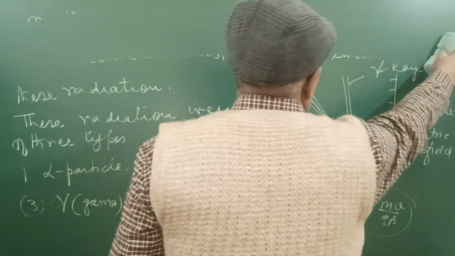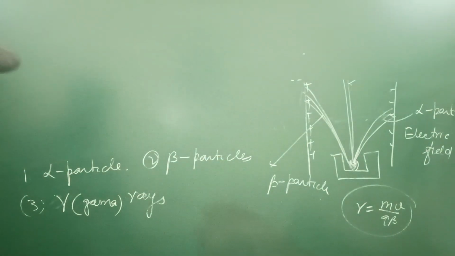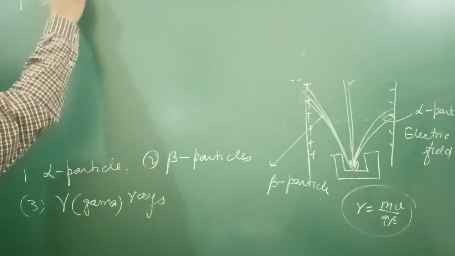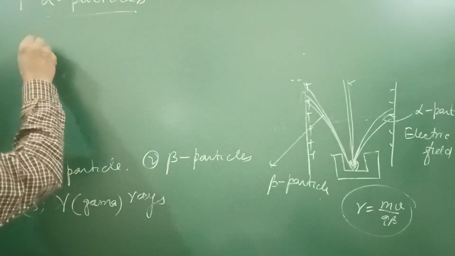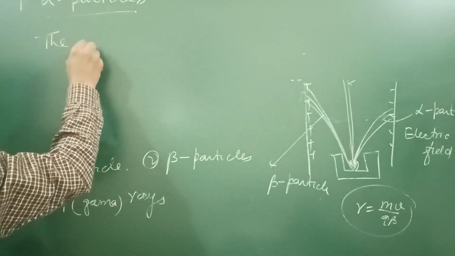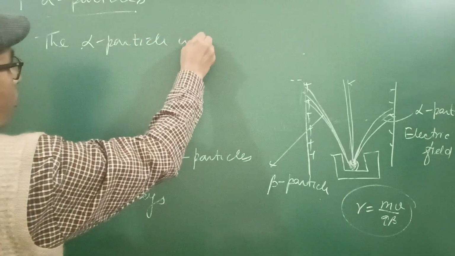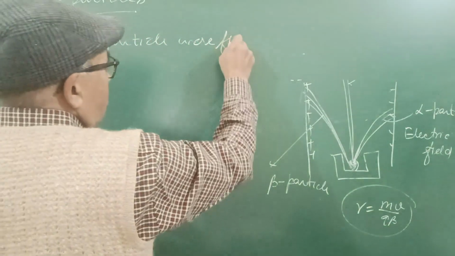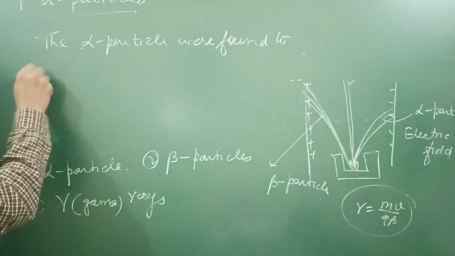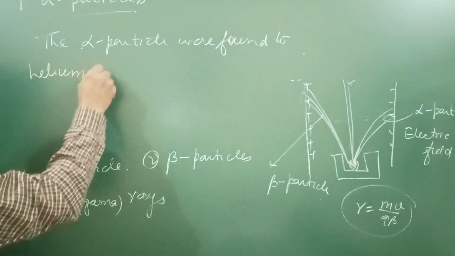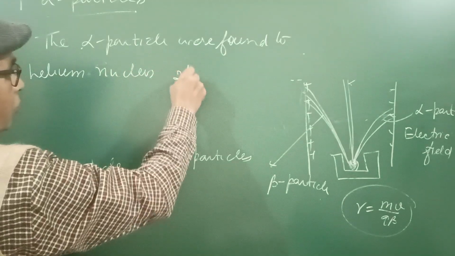Actually, alpha particles were found to be the nucleus of helium. Number one, alpha particle. The alpha particles were found to be helium nucleus, 2He4.